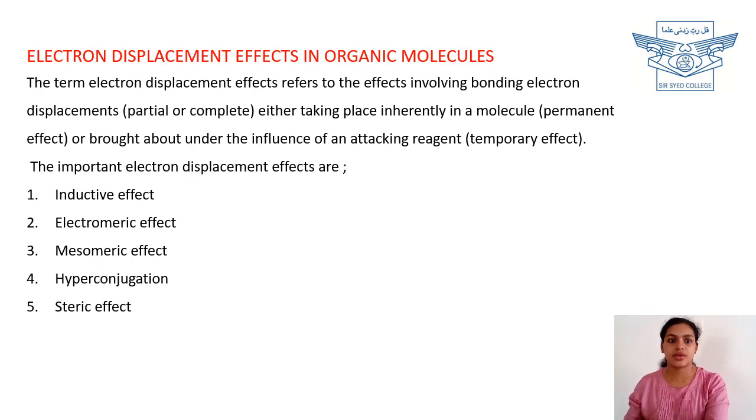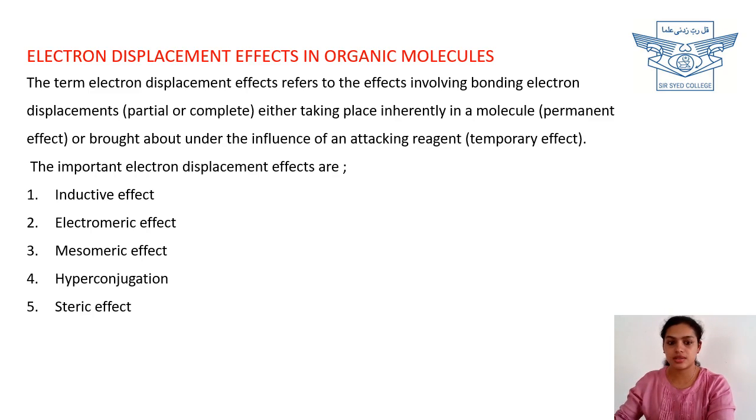The term electron displacement effect refers to the effect involving bonding electron displacements, either taking place inherently in a molecule or brought about under the influence of an attacking reagent, which means that bonding electrons are displaced.